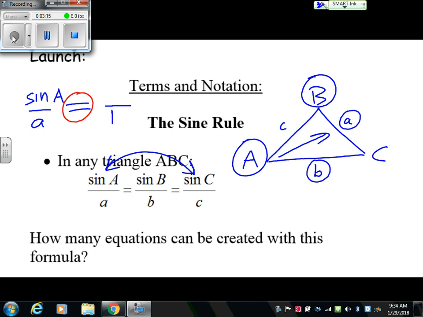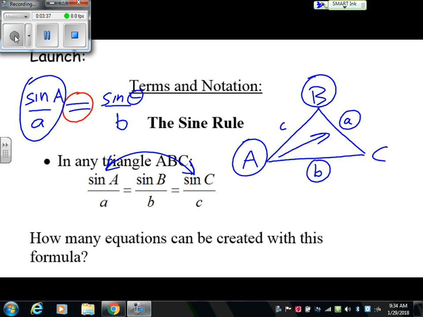Let's say it was B, and then I could find the sine of an unknown angle. But I have to know one set of opposite parts, an angle and a side that are across from each other. And then I can use any other part to find the other missing part here.